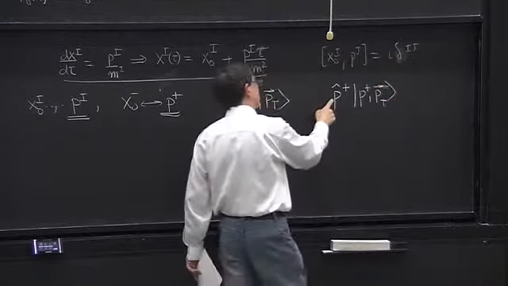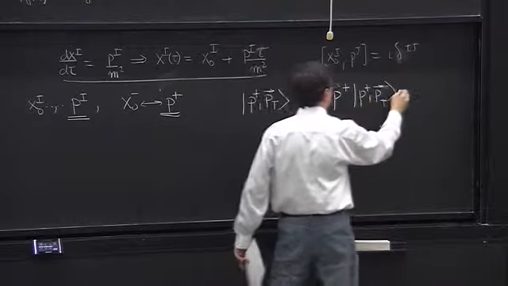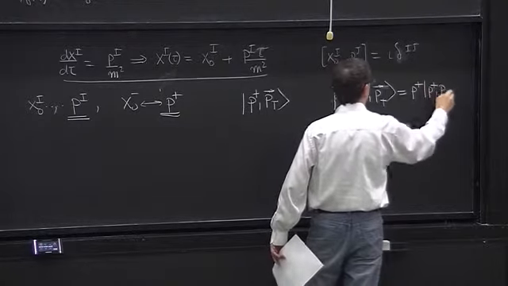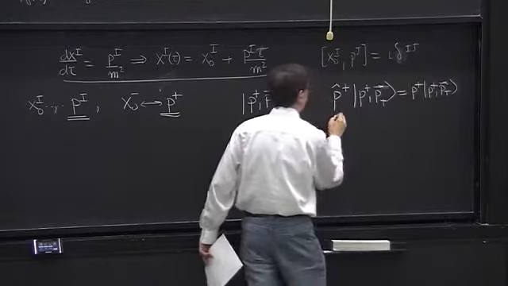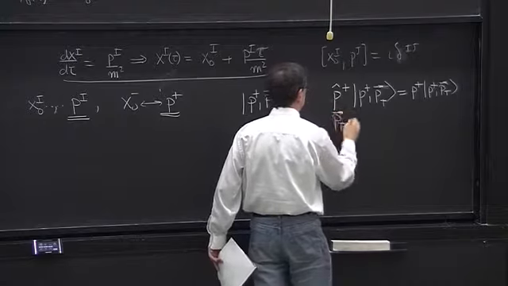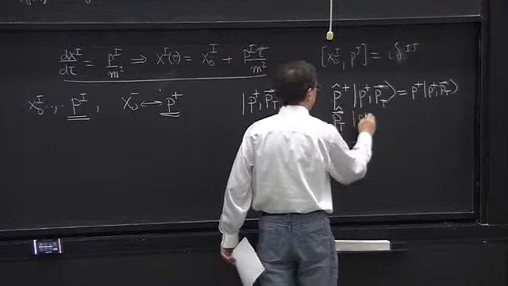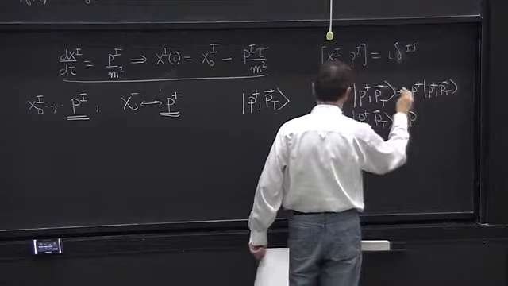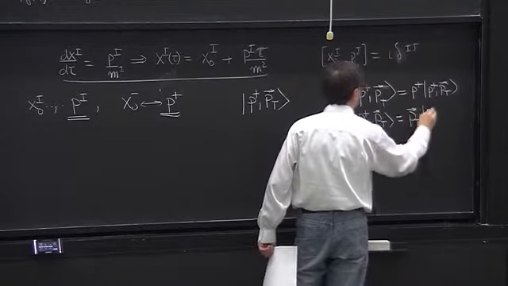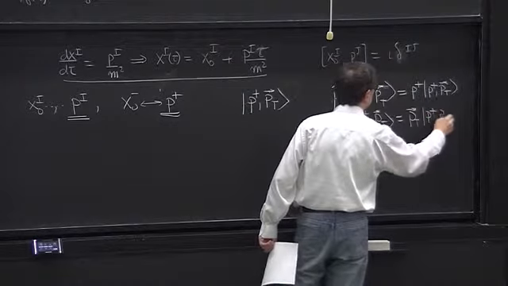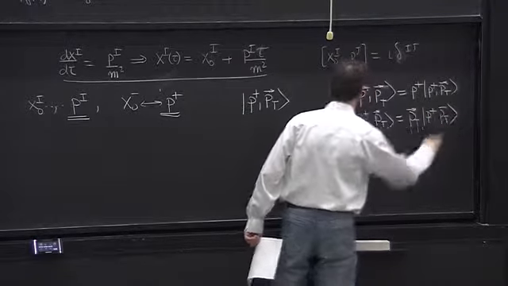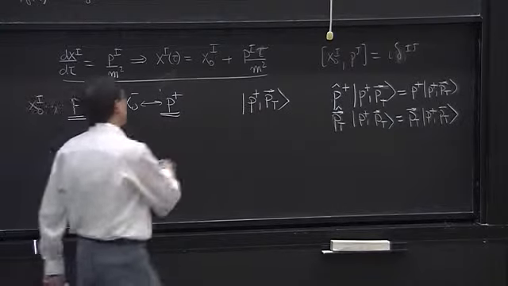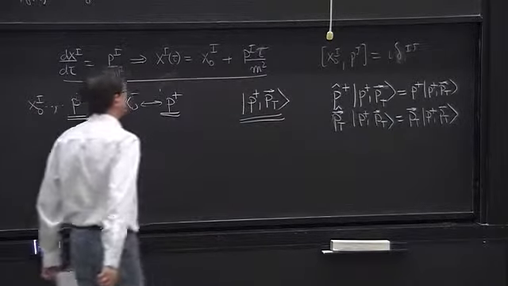So the P plus operator acting on this thing is equal to P plus times the state. And the P transverse operator acting on these states is P transverse, the vector, acting on the states. So these are the states of your theory.